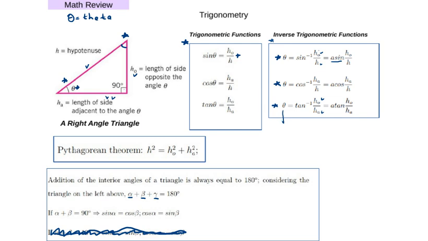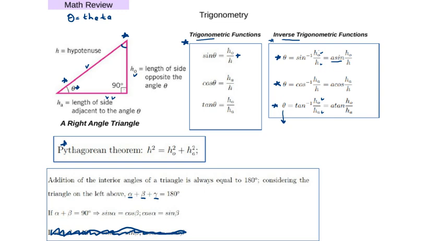Same goes for cosine or tangent, whichever is easier in a question. If I know HO and H, I'll go for sine. If I know HA and H, I'll go for cosine and so on. If I know opposite and adjacent, HO and HA, I'll use tangent. Quite often we use tangent to find an angle, and we'll get to that.